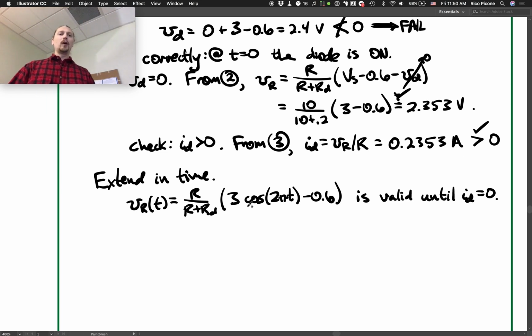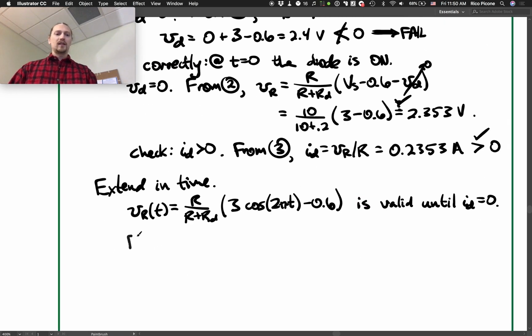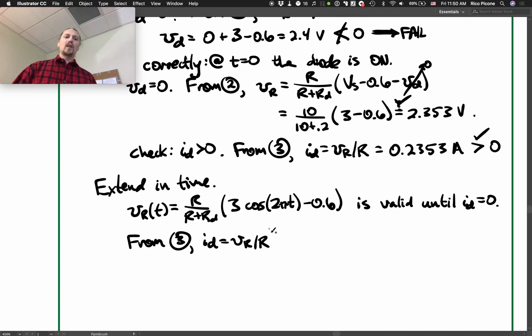So let's find out from the check. From 3, we know that ID is equal to VR over R. And so if we need to know when ID equals 0, we need to know when VR equals 0, right?